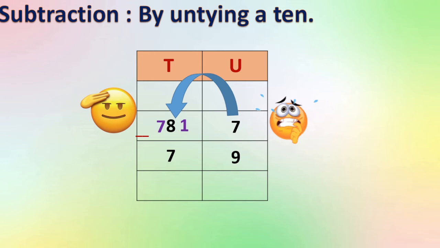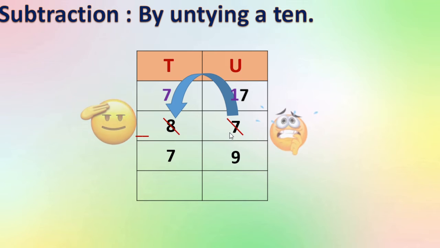Then it gives 1 ten to the unit and it becomes 7. Okay, and here in the units column 7 is already there, so it becomes 17 units. These 7 and 17 are new numbers instead of 8 and 7.